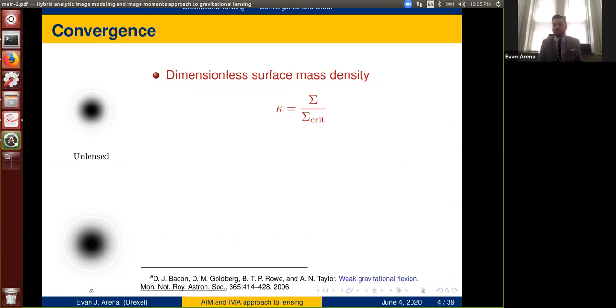One of the definitions of convergence is the dimensionless ratio of projected surface mass density of the lens, sigma, to the critical surface mass density, sigma critical, which depends on the redshift of the source and the lens. So kappa is therefore directly related to the matter distribution of the lens.